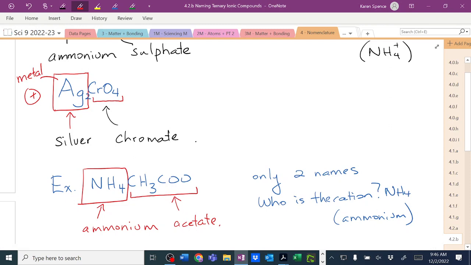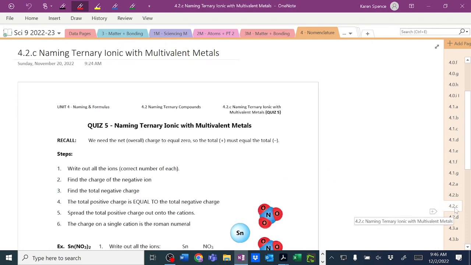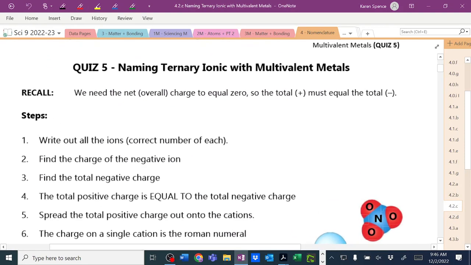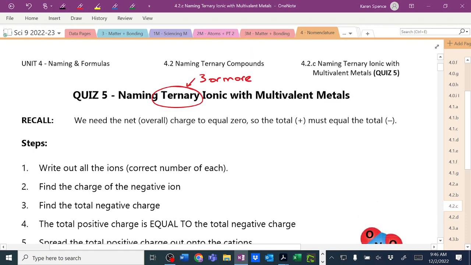Now there's one more little hitch that I think I'll at least talk about today so that you can maybe do quiz number 5 today, because quiz 5 also deals with naming these ternary ionic compounds, and ternary is just a fancy word for 3 or more elements. You don't really need to know that. Basically what it means is compounds with polyatomic ions.